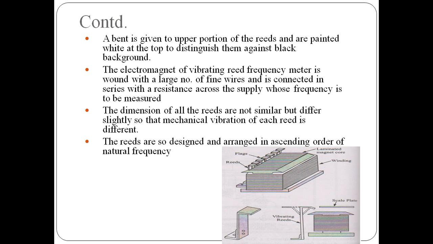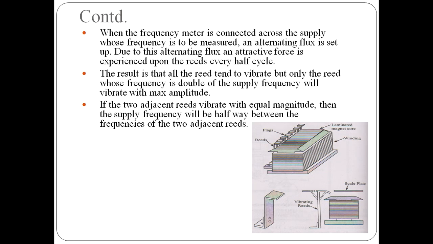The dimensions of the reeds are not the same but differ slightly, so that the natural frequency of vibration of each reed is different. These reeds are designed and arranged in ascending order of natural frequency.